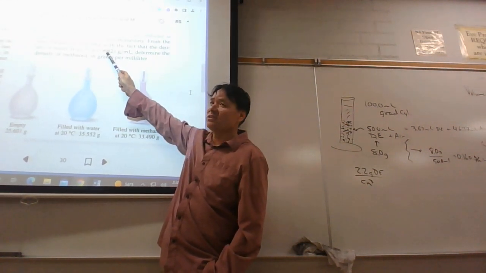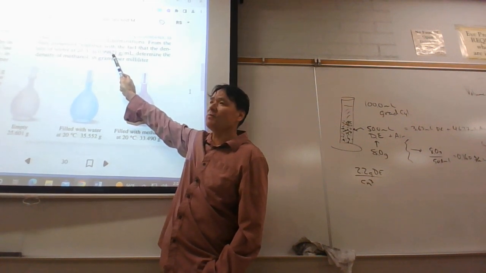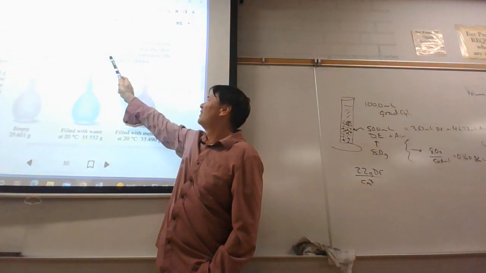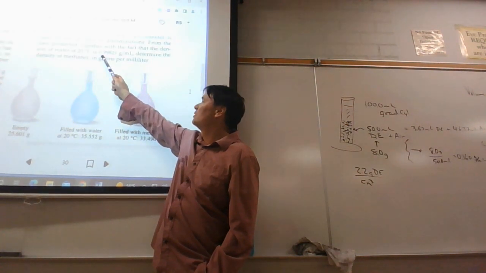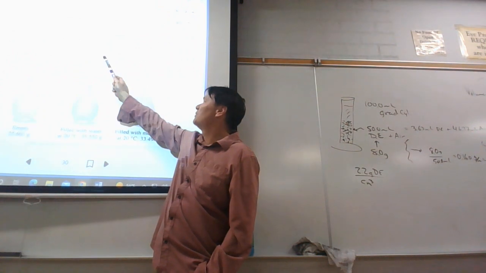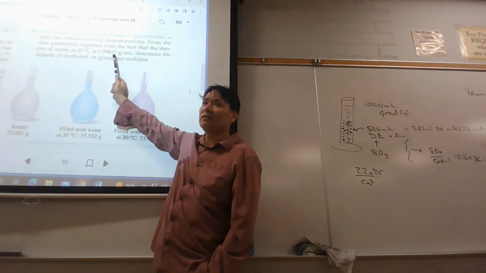It's not 1.00, because 3 sig figs means dropping the 2. If I drop the 2, do I round up or do I leave it? I leave it. So to 3 sig figs, it's 0.998. To 4 sig figs, it's 0.9982. To 5 sig figs, it's 0.99821.